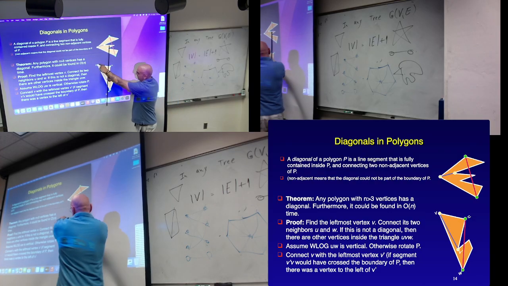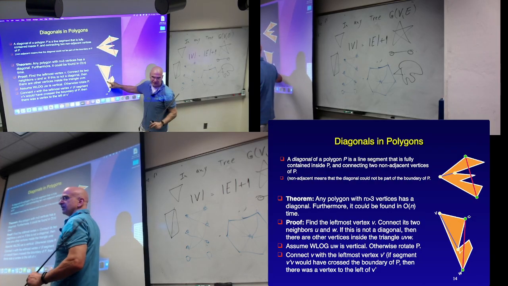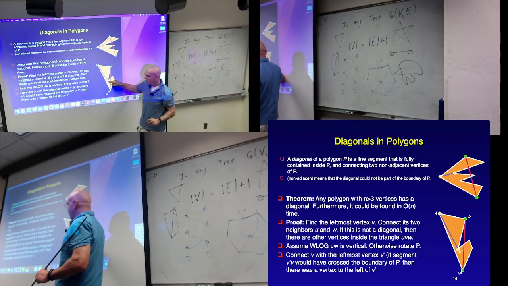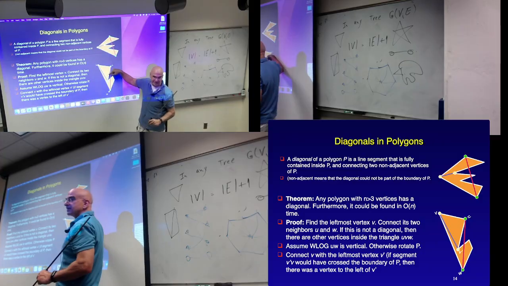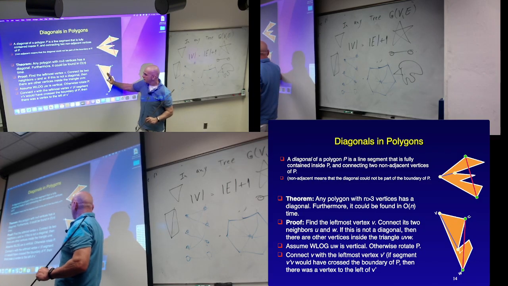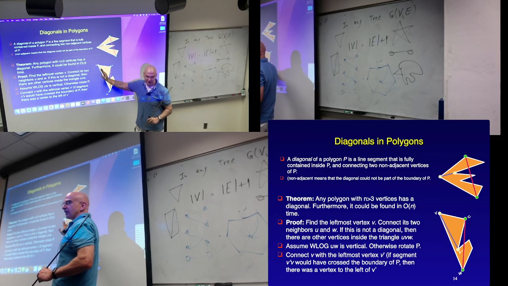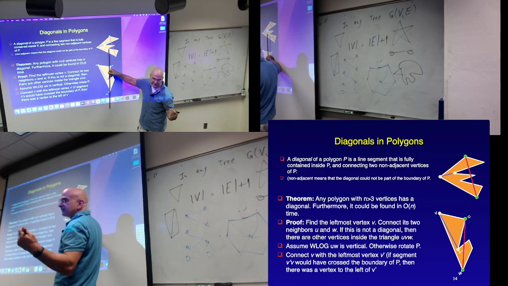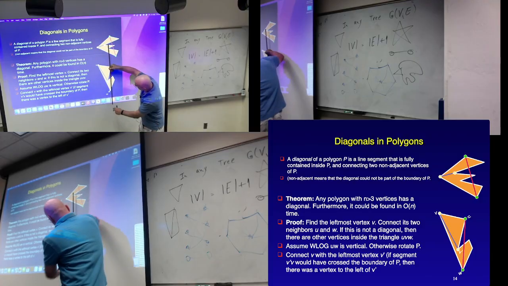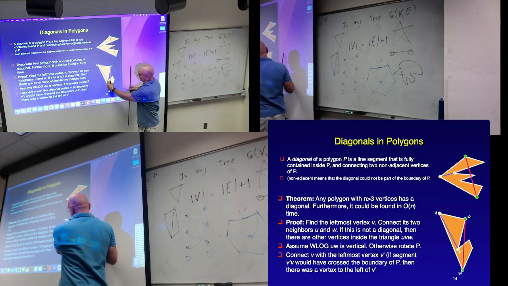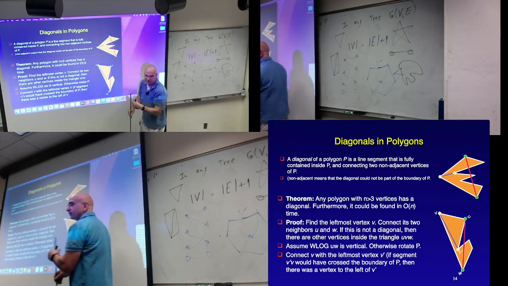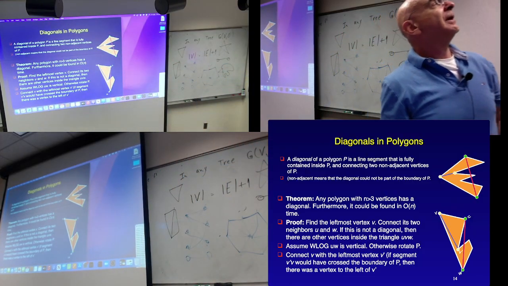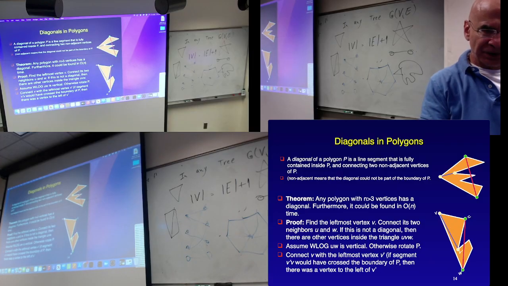And I claim that this vertex, the leftmost vertex in this set, must see V. Why? Because if there was something else that separates them, then there would be a point that is more to the left than what I've shown. Again, I continue with my stick until I get to the leftmost vertex that is still to the right of V. Okay, so there is such an edge. There is such a diagonal.